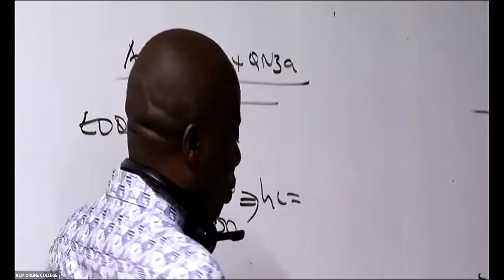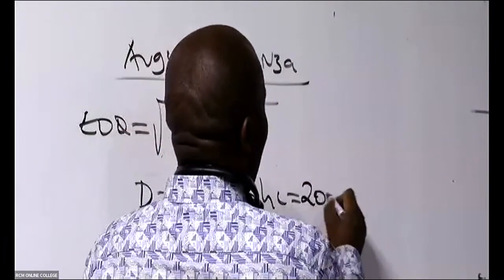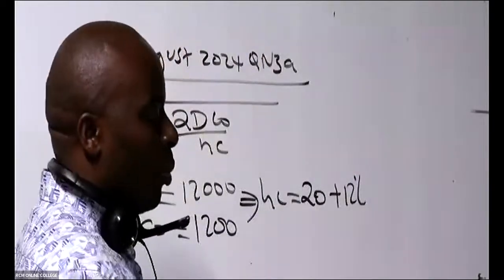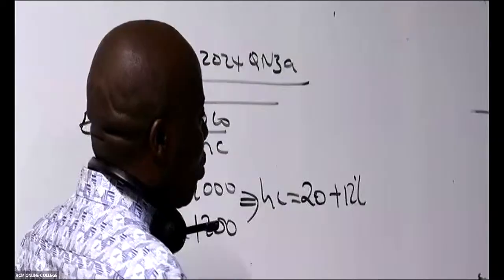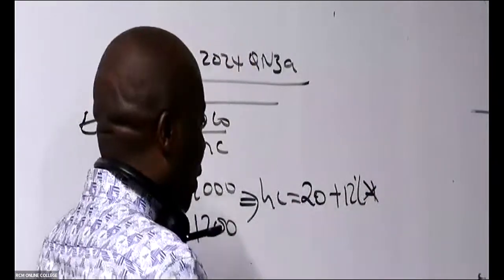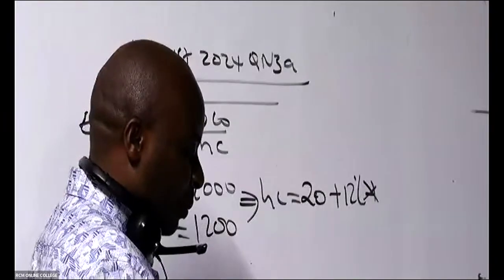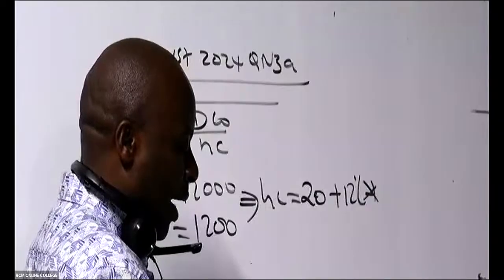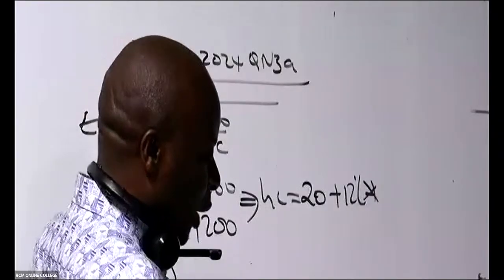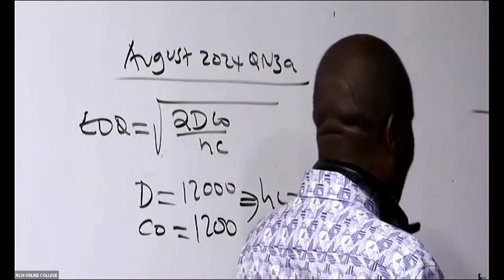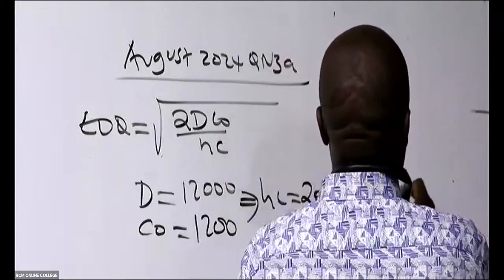So carrying cost is 20, plus 12% opportunity cost of the purchase price. Of means you multiply. And the purchase price for sure, this has been given in note number 1. It is ascertained that the purchase price per unit of product X is 500, for deliveries up to 2,500. So in this case, you shall use 500.